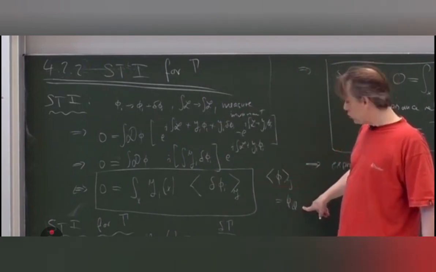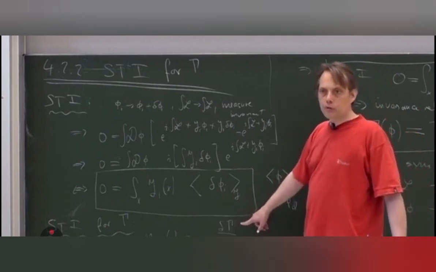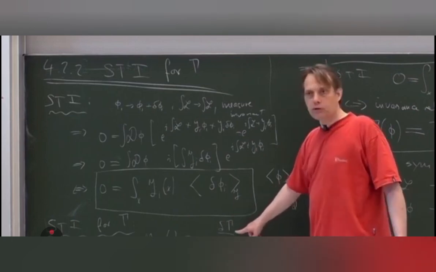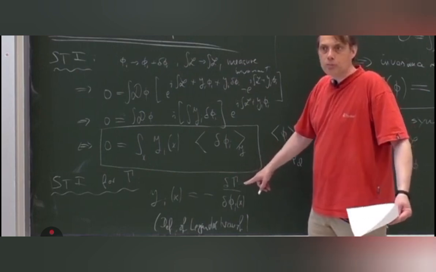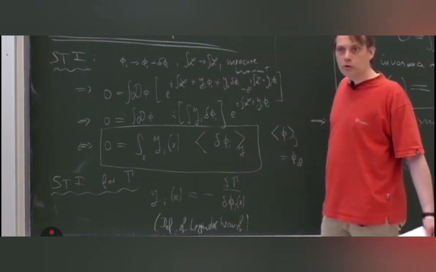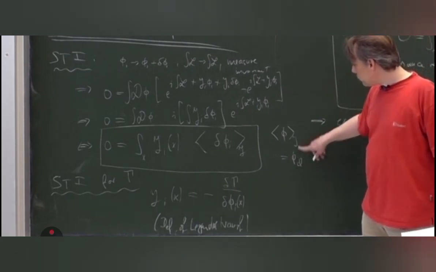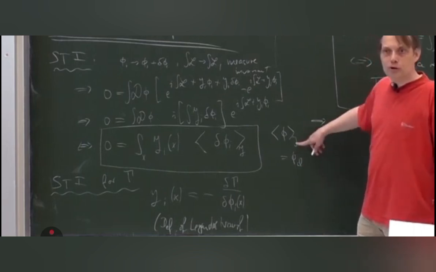Okay, but then this becomes the argument of gamma. So once it's the argument of gamma, you can treat it like a classical field, and gamma behaves similarly to a classical action, but the interpretation of its arguments is actually a little bit tricky. And so of course you might say that phi depends on J, but you can also view it as the independent variable, and then J would depend on phi.